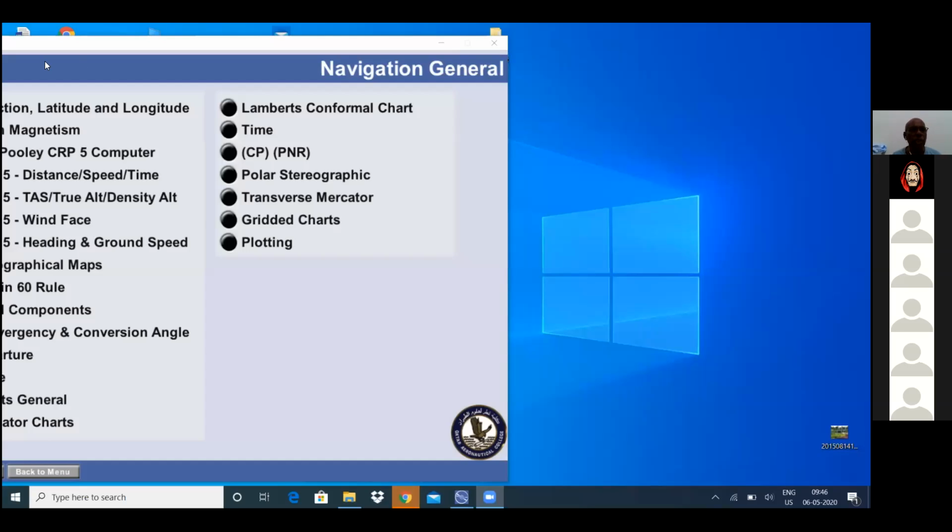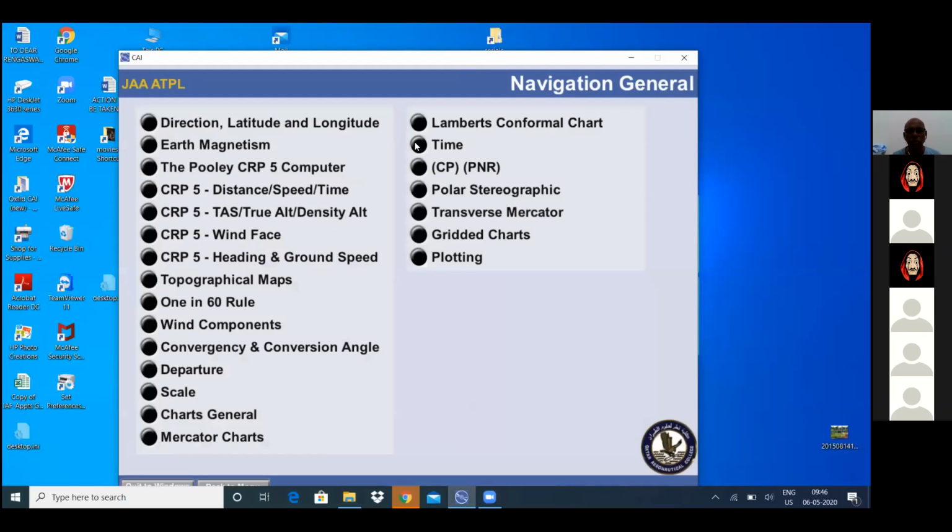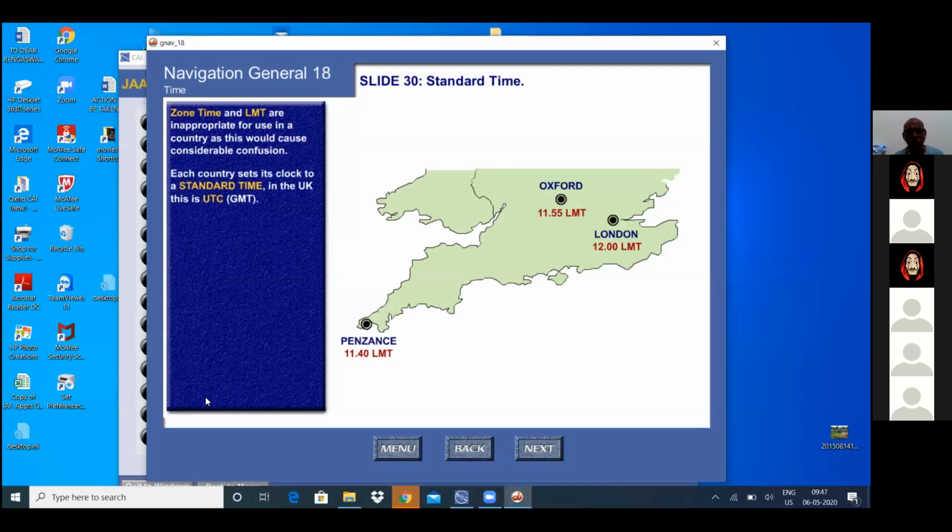Abdullah, has the screen changed? Yes, sir. It's changed. Okay. All right. Internet connection is unstable, whatever that may mean.